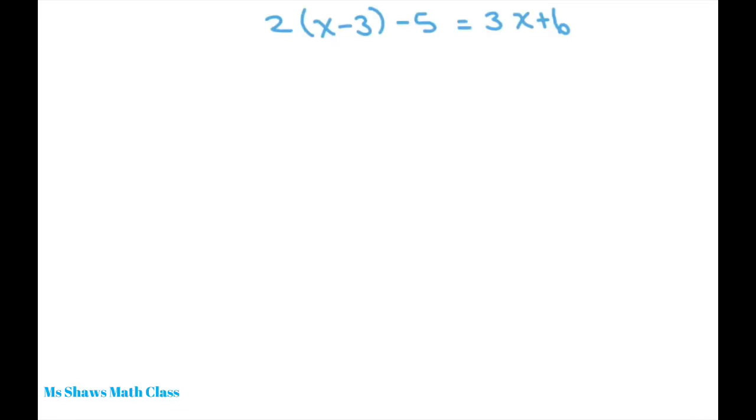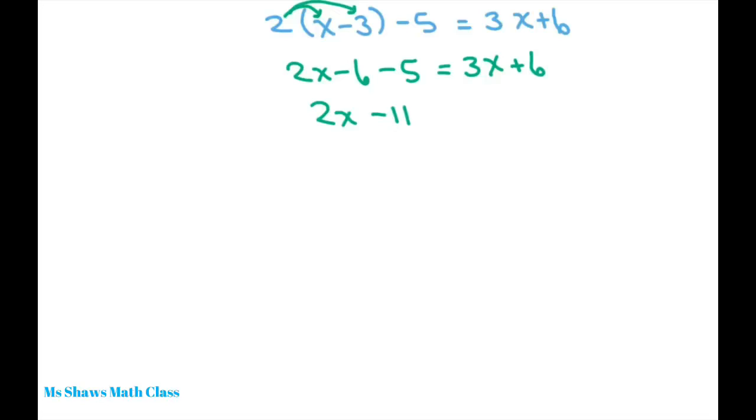All right, the next one, do the same thing. Use your distributive property of arithmetic. Copy everything else down. Now simplifying the left-hand side of the equation, we get 2x minus 11 equals 3x plus 6.